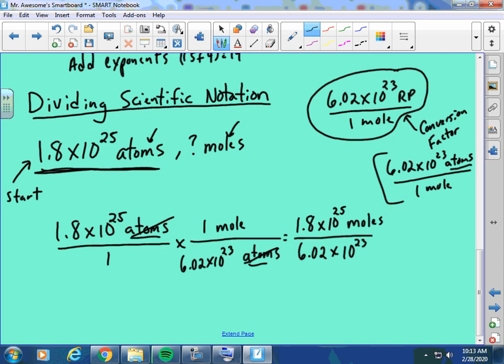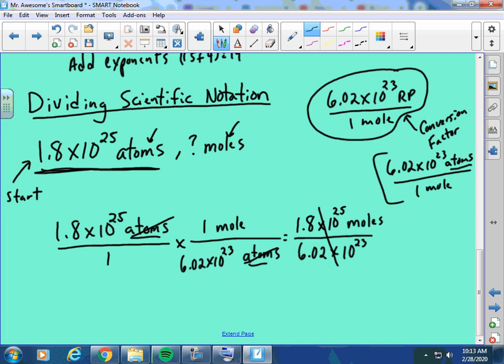So when we divide, similar to when we multiplied, just take your normal parts and do the normal thing. So my normal front part is 1.8. My normal front part on the bottom is 6.02. I'm just going to divide them normally.